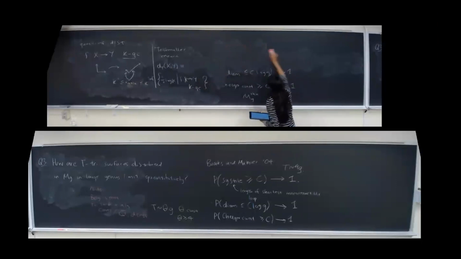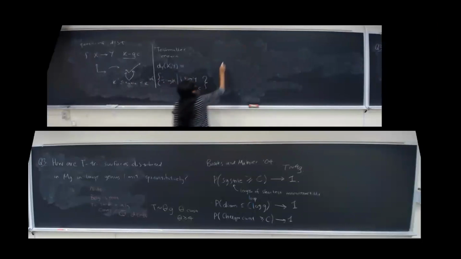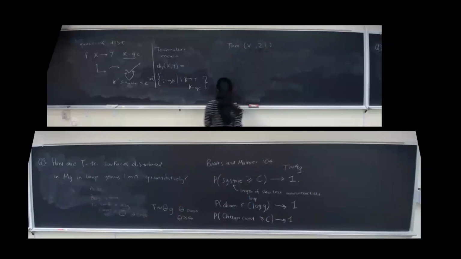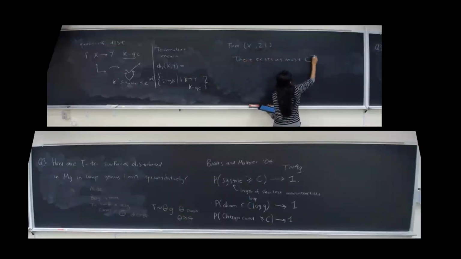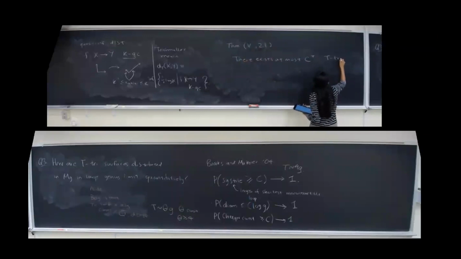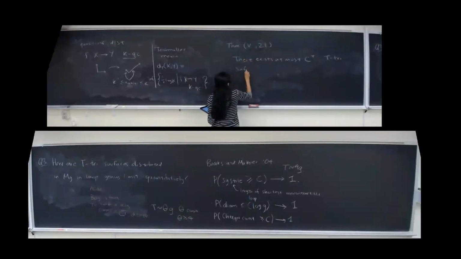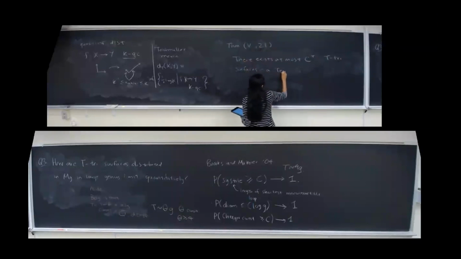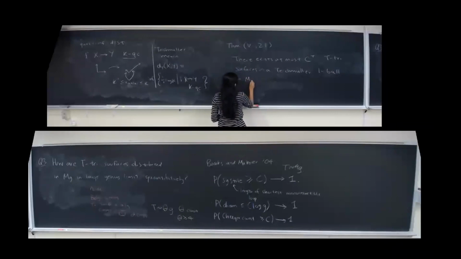We're now going to answer question 3. Triangulated surfaces in a one ball, so this just means a radius 1 ball in the Teichmüller metric.